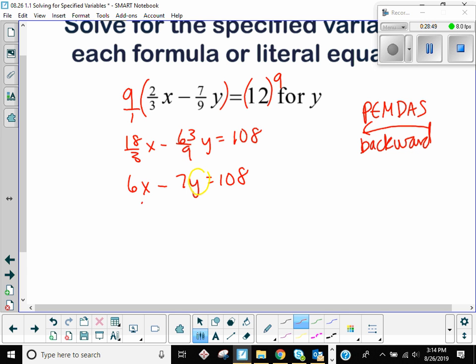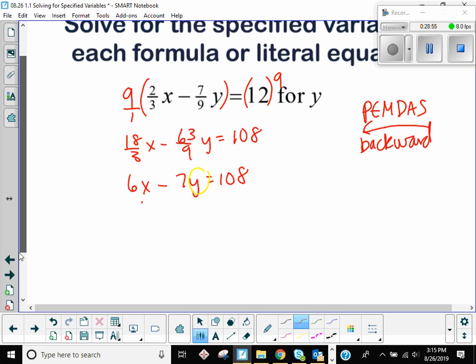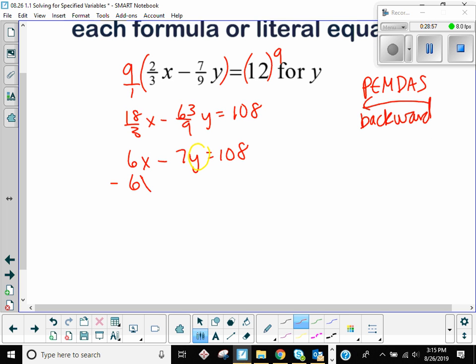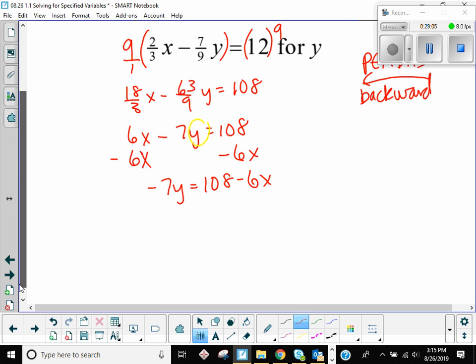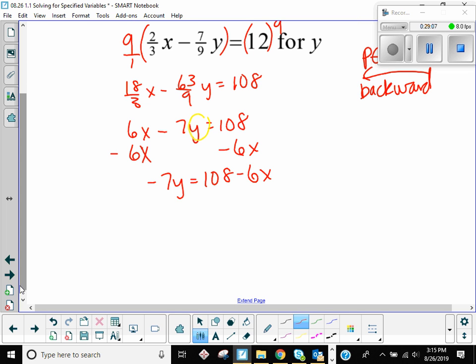The 6x, right? Right now it's positive, so how do I move it over? Subtract it. And then we only have the last step, divide by the negative 7.